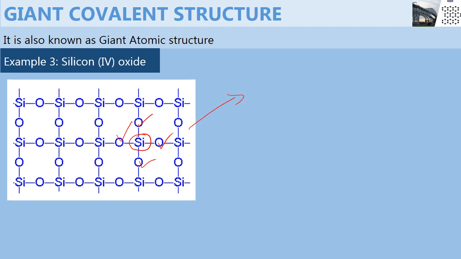And that is why silicon(IV) oxide has high melting and boiling points, and also it does not conduct electricity or heat.